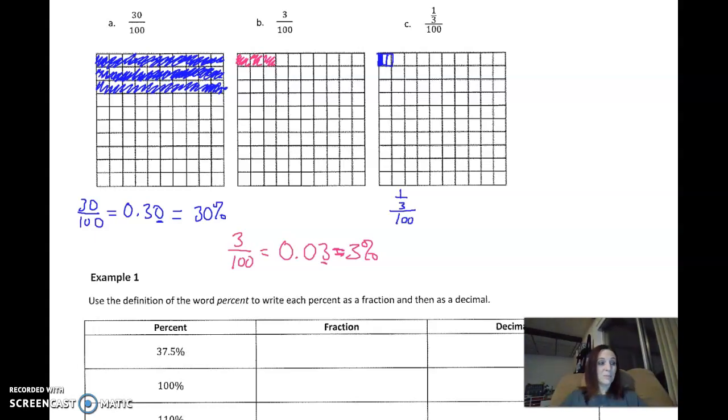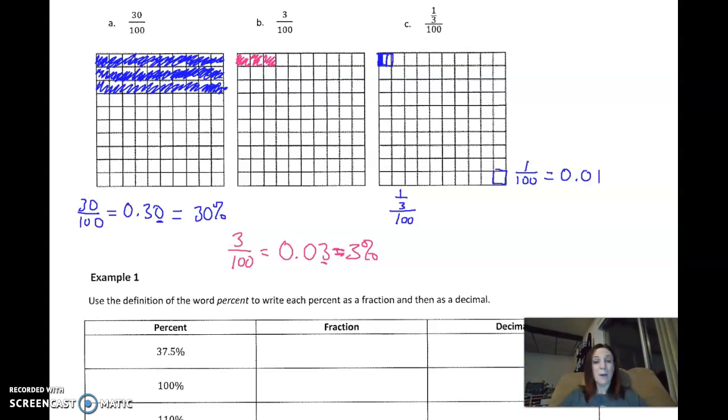Well, this can be a little tricky. I want you to think, I'll put this all together, that 1/100th is 0.01, right? If I took 1 box out of it. So if I want 1/3 of that, honestly, you could just type this into a calculator.